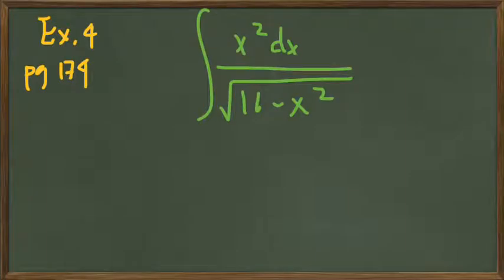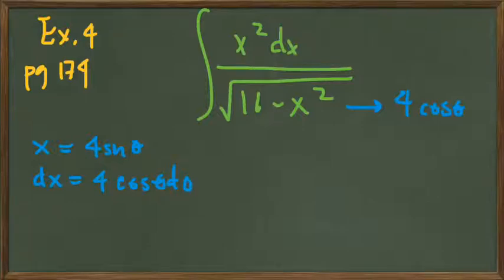So this is a squared minus x squared type, which means we let x equal a sine theta. The a is 4, so x equals 4 sine theta. The radical turns into 4 cosine theta, and the dx is 4 cosine theta d theta.